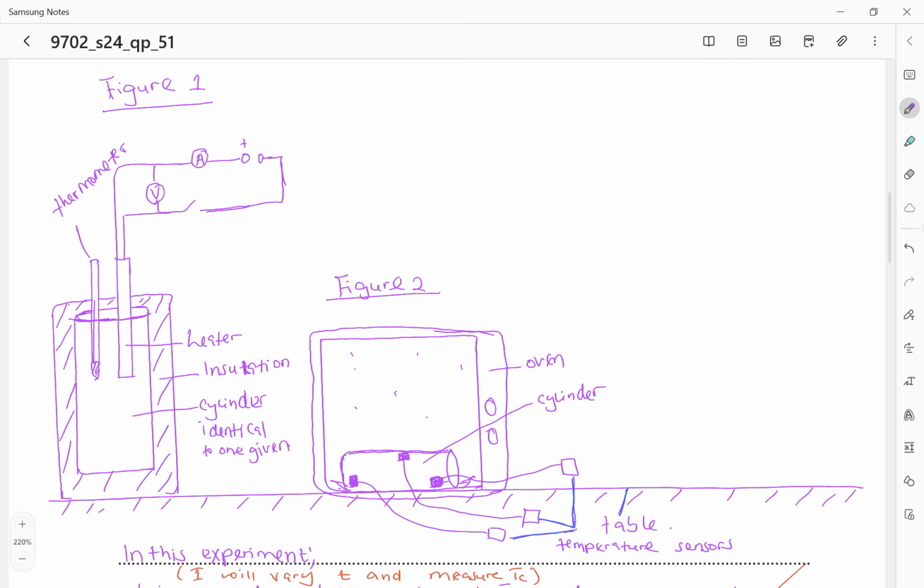Then let's say this is the heated cylinder. Then figure 3 is going to be for the cooling cylinder. So I'll draw figure 3 here for the cooling cylinder. Of course, I may not be accurately drawing the same size of the cylinder because I'm drawing on a computer.